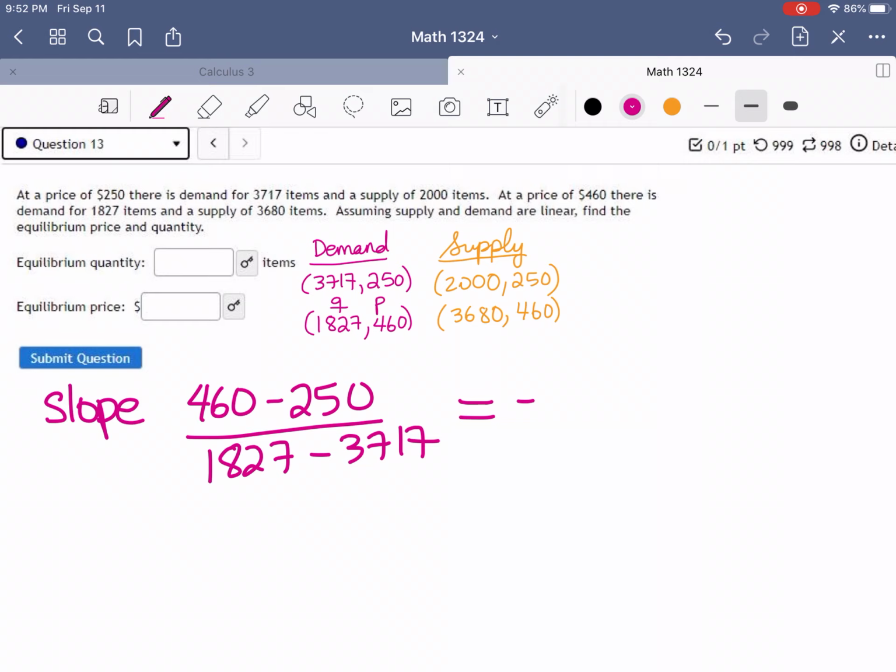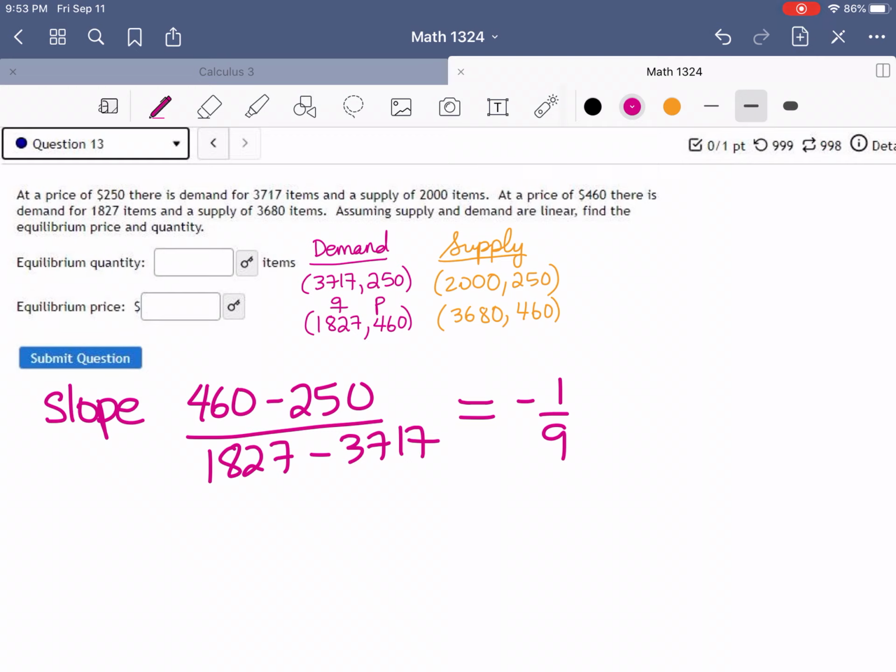So we get 210 over, well, it works out to be negative 1/9.